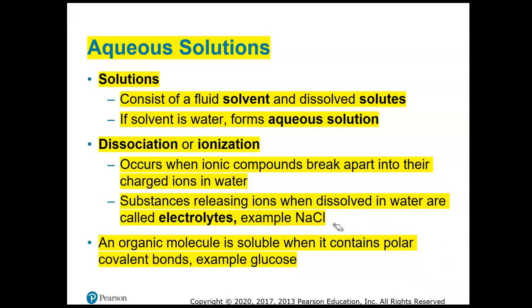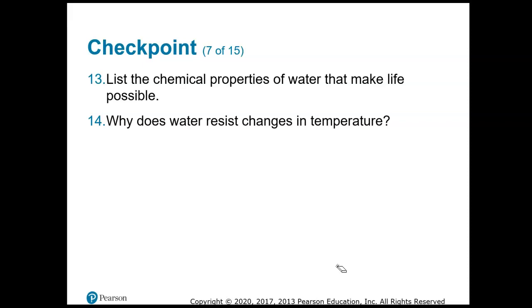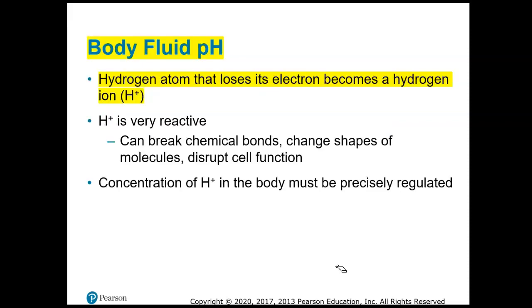Sodium ions have a positive charge, chloride ions have a negative charge, and they would form those ions when dissolved in water, so we call them electrolytes, sodium and chloride ions. Organic molecules can be soluble as long as they contain polar covalent bonds. So for example, glucose and other sugars are soluble. But lipids are not. Fats and oils are insoluble in water.